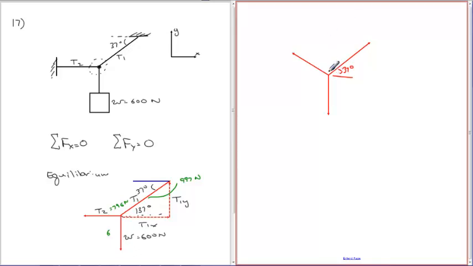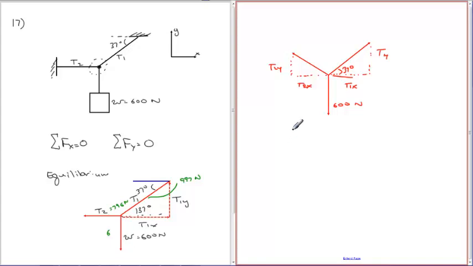So let's see what happens if we draw our x component and our y component. So this would be T1y, T1x, T2x, T2y. And this would be 600 newtons, because we have this y component of that.